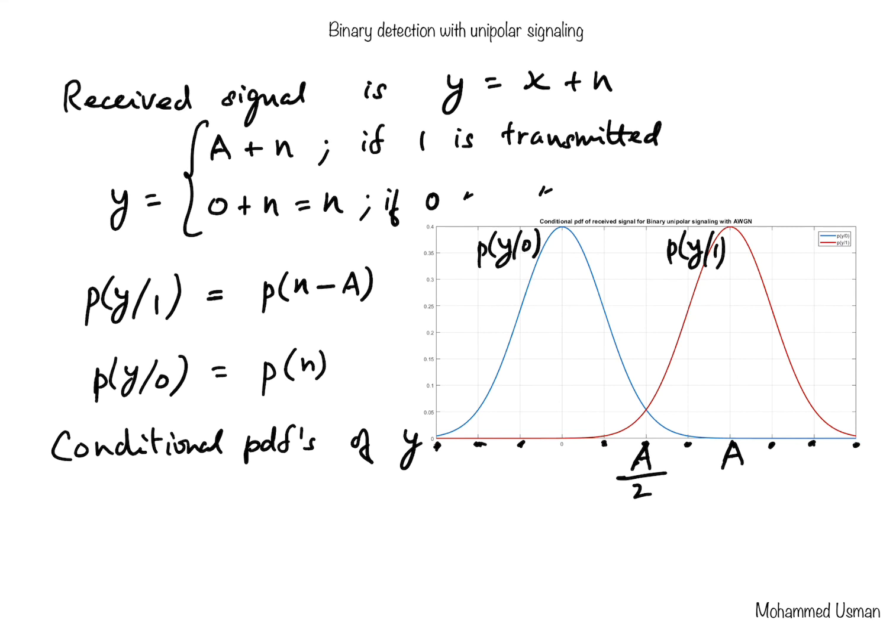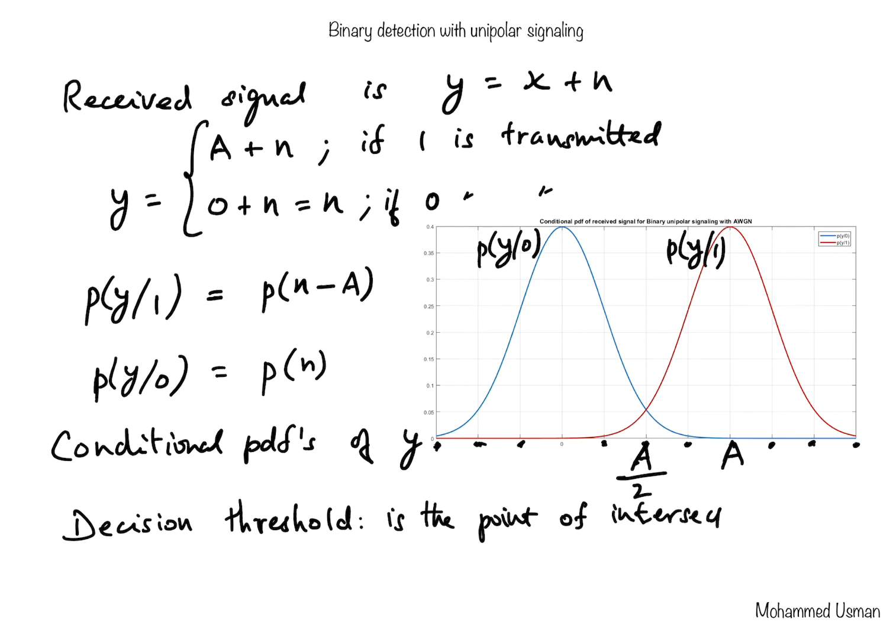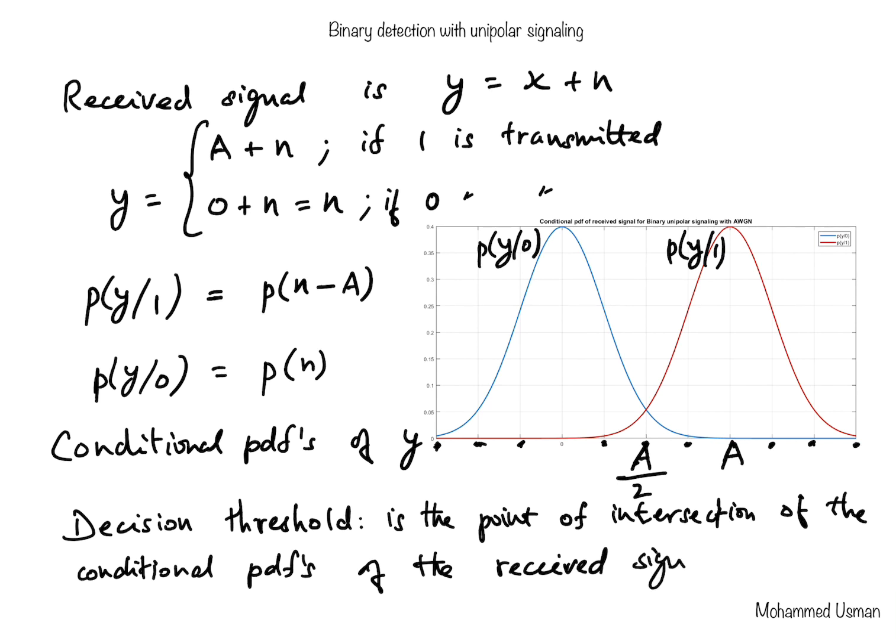So that's the threshold that we are going to use to make our decision. Let us first define what we call the decision threshold. The decision threshold is the point of intersection of the conditional PDFs of the received signal Y. In this case it is exactly halfway between 0 and A, which is equal to A by 2.